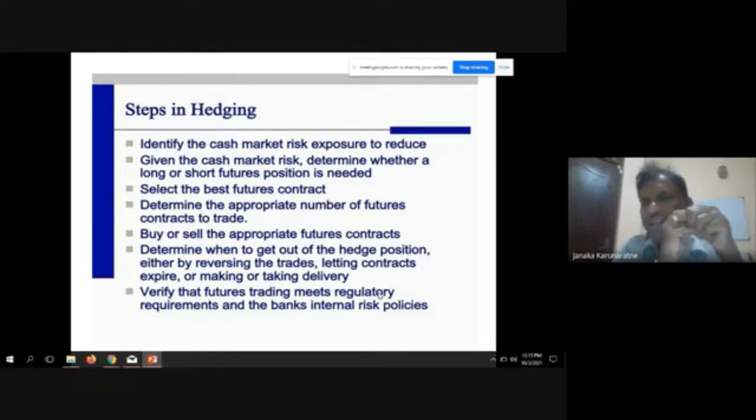You have a corporate bond on your balance sheet, and you want to sell it in 3 months' time. There is active trading for corporate bonds in the market. So what is the risk to you in the cash market?